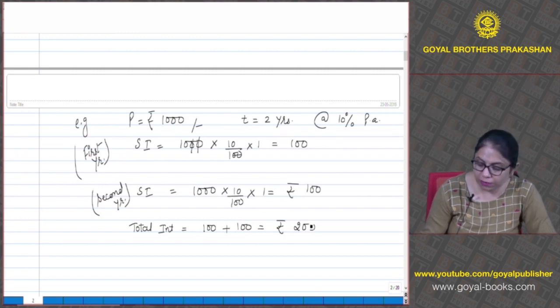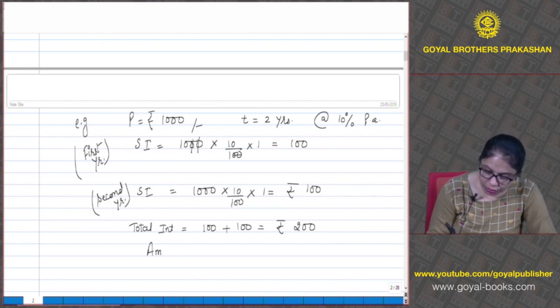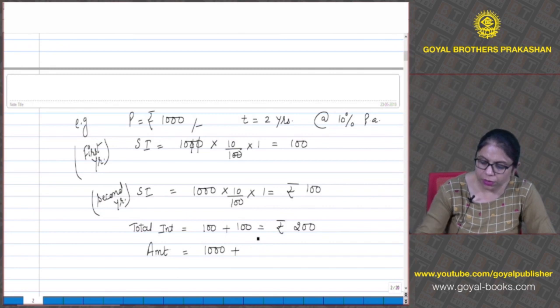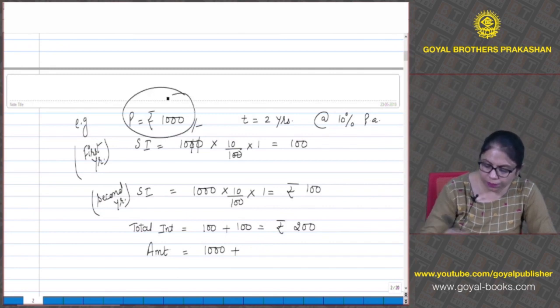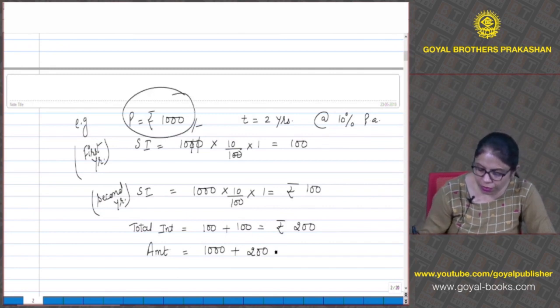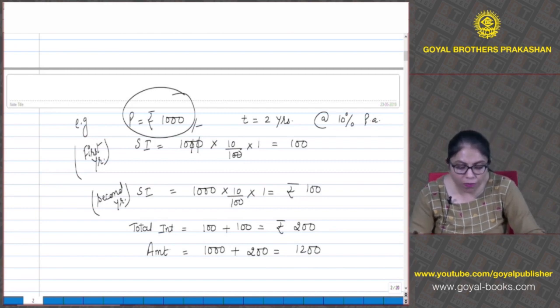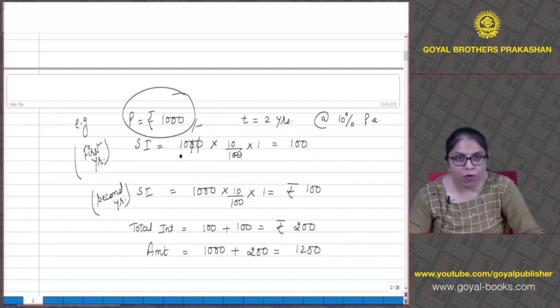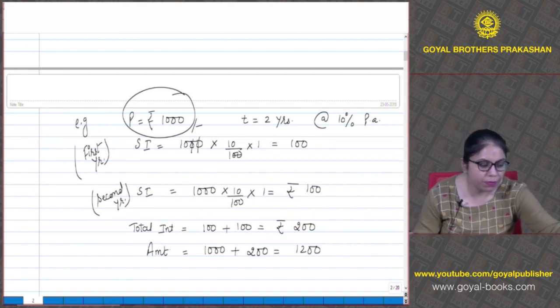The extra money you get after 2 years is 200, and the total money you get after 2 years will be 1000 plus 200, your interest, that means 1200. So in case of simple interest, the interest will always be calculated on the principal, that means 1000. Every year we calculate interest on the principal.